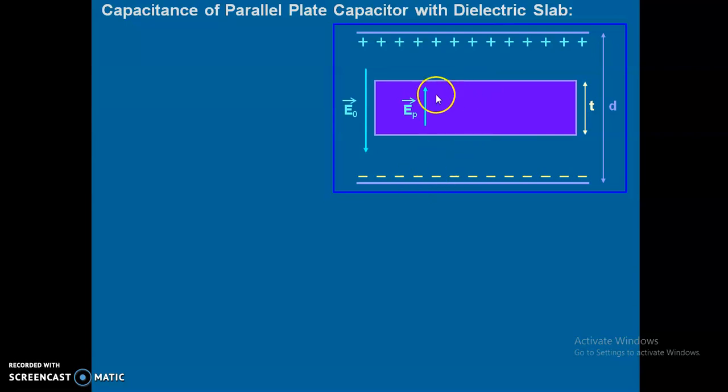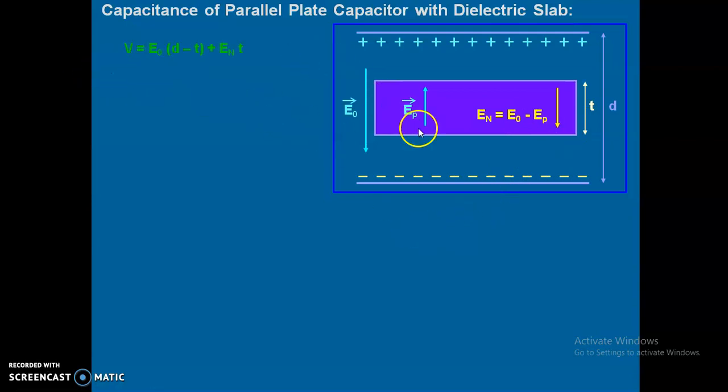Definitely the electric field inside the dielectric will be in this direction, because due to these negative charges the induced positive charges will appear over here, and due to these positive charges the induced negative charges will appear over here. So the internal electric field will be in this direction. We have already understood this in the last video session. So the net electric field En will be equal to E naught minus Ep.